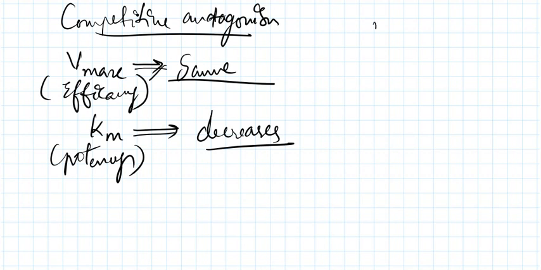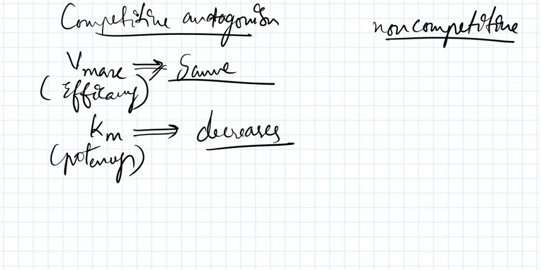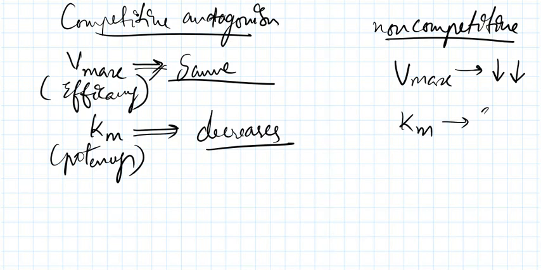But in non-competitive antagonism, what happens to Vmax? Previously we explained that efficacy decreases, which means Vmax decreases. What happens to Km? Km remains the same, because potency remains the same in non-competitive antagonism.